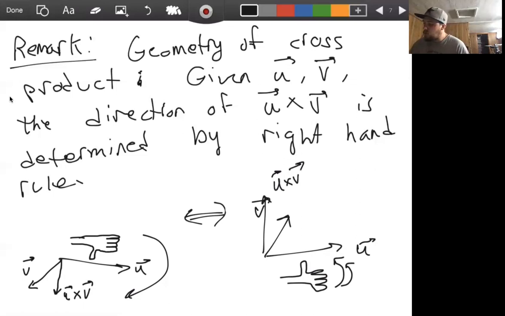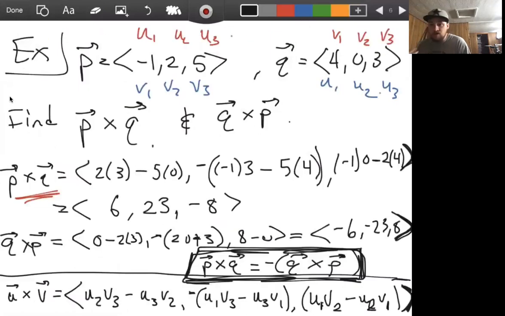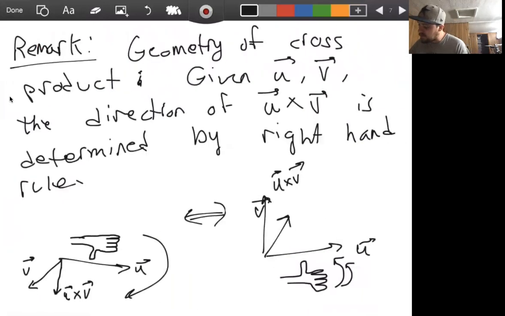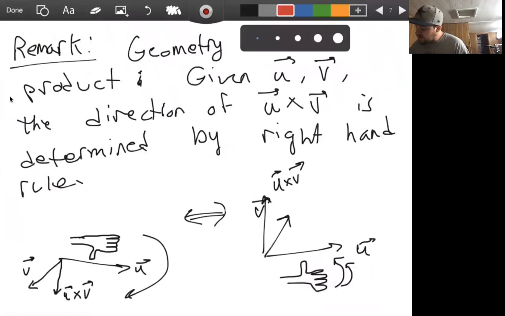And so one thing we can start to put together geometrically here is, like I said, and I'll state the property formally in a second, that the cross product is anti-commutative. And if the cross product is anti-commutative, geometrically, that means that we just flip the direction.